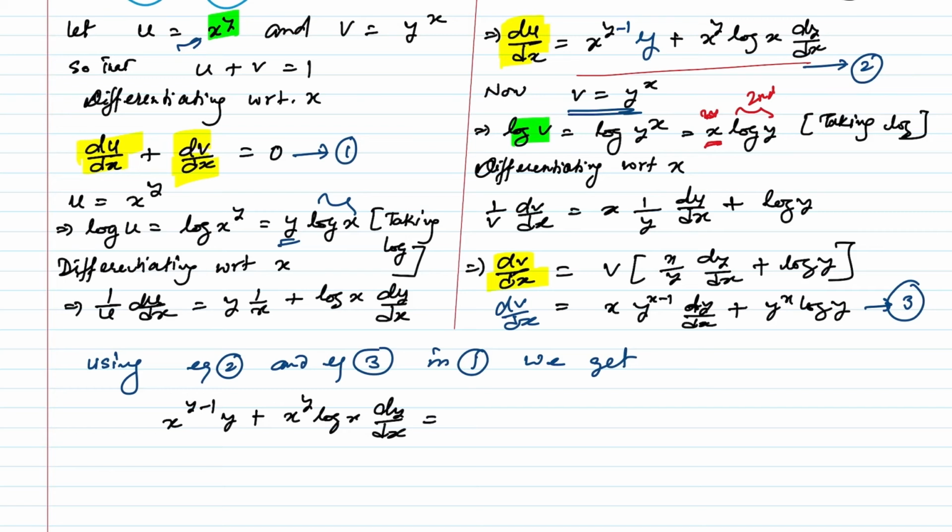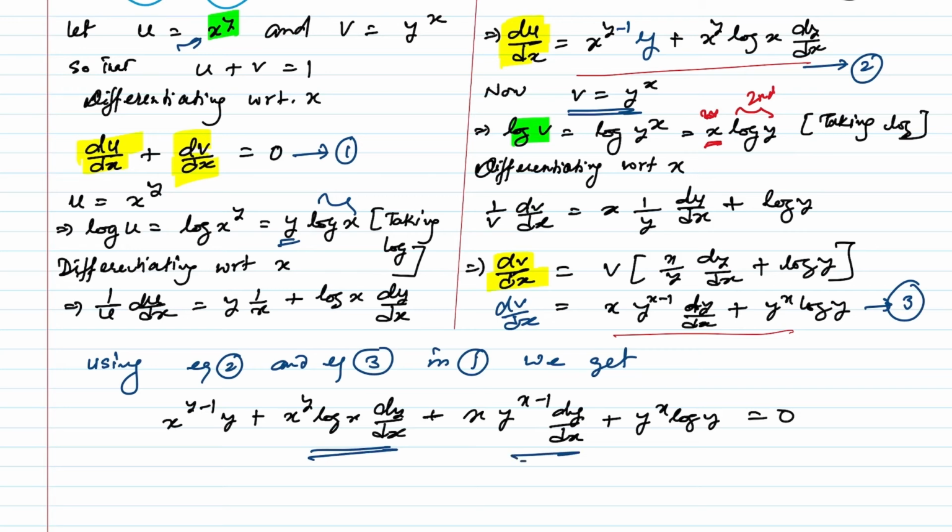Plus, then here you see this term, that is x y to the power x minus y dy by dx plus y to the power x log of y is equal to 0. Okay, now what to do? We have to separate the terms containing dy by dx, this term and this term.